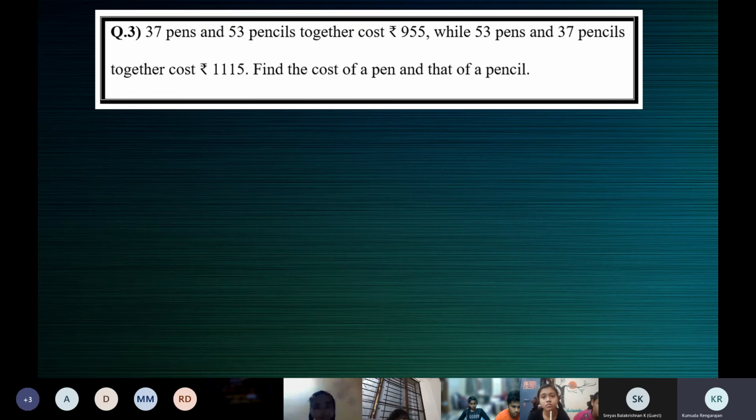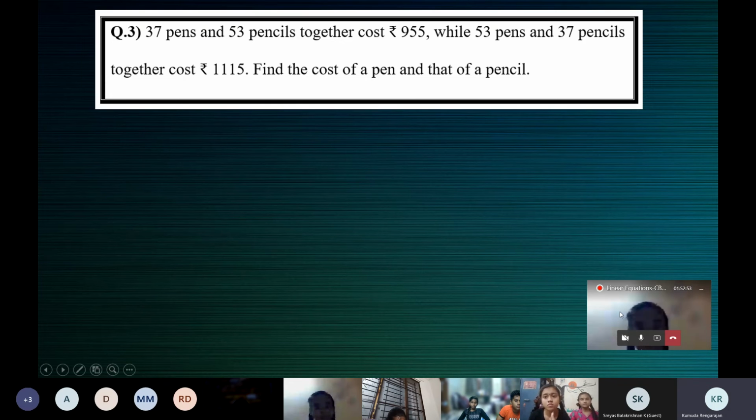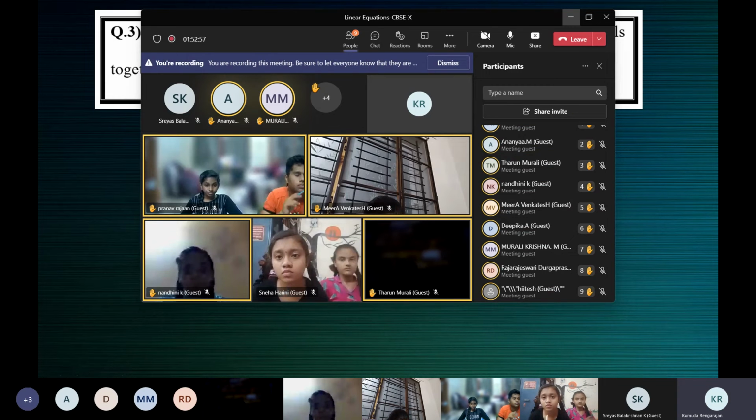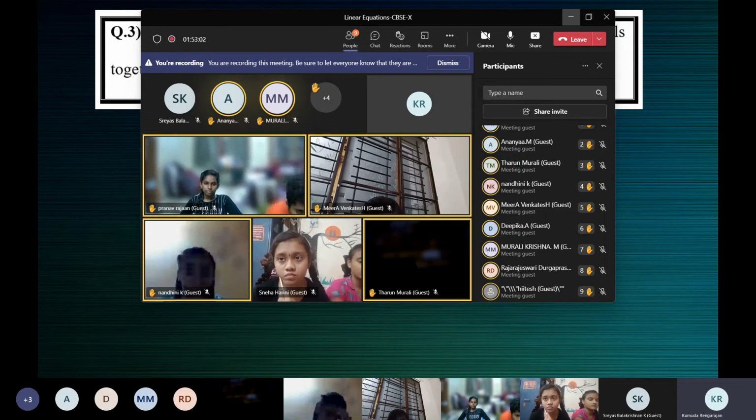All of you must use a special method to solve the third one. Now your question may be, won't I get the correct answer if I use the cross multiplication method? You will get the correct answer. Whichever method you use, you will get the same answer.